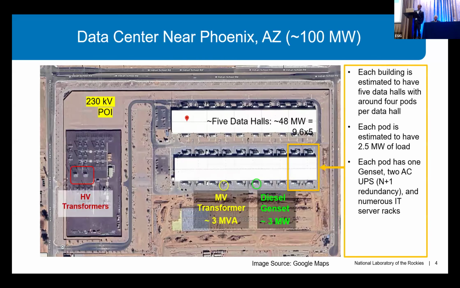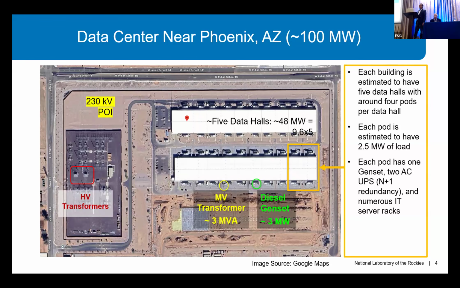So before I go into the EMT modeling, I just want to set the stage of how a data center looks. If you look at this picture of a horizontal data center in Arizona, particularly for grid-connected data centers, there are some substation transformers which reduce the voltage from transmission level to medium voltage. And then they supply these data center buildings.